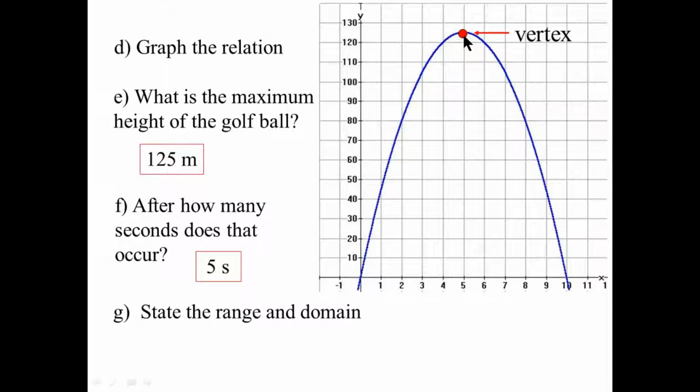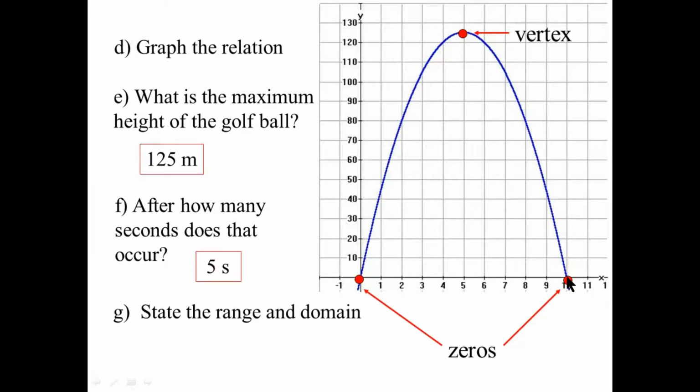State the range and domain. Well, with a parabola, usually there's arrows on the end, and so the domain is often x's in real numbers. But in an application question, sometimes there's constraints. There's endpoints. For example, in this case, t starts at 0 and it goes up to 10, and that's it.